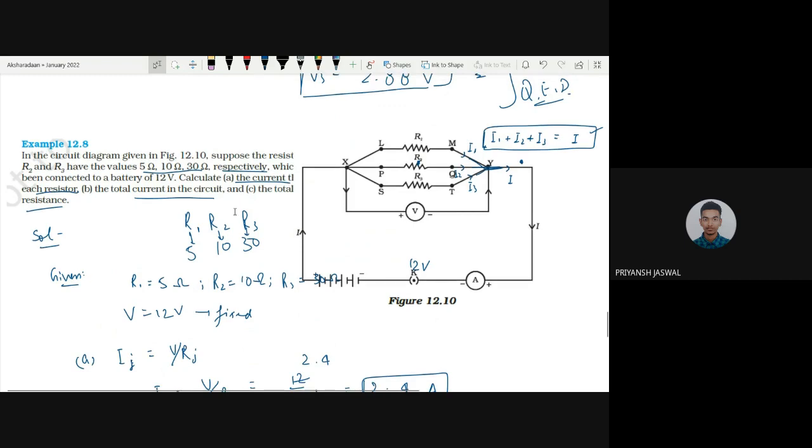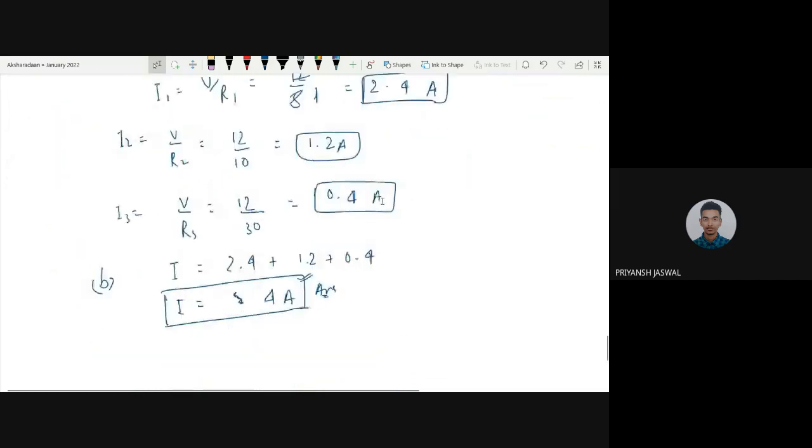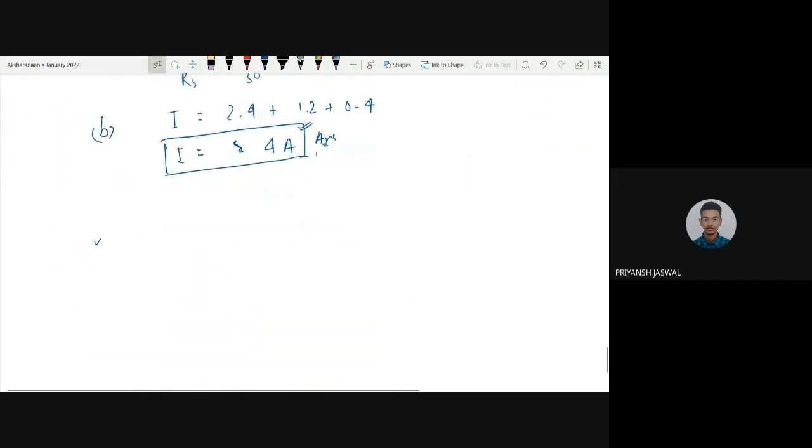They have asked us to calculate the total resistance. There are two ways. One is the direct way, where you calculate the resistance using the formula 1 by Rp is equal to 1 by R1 plus 1 by R2 plus 1 by R3.